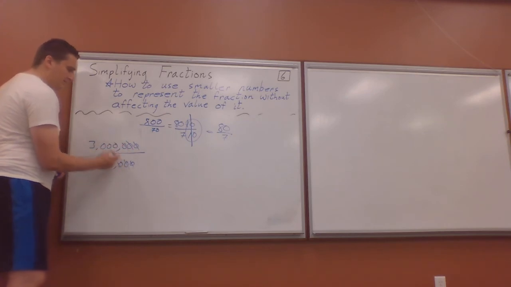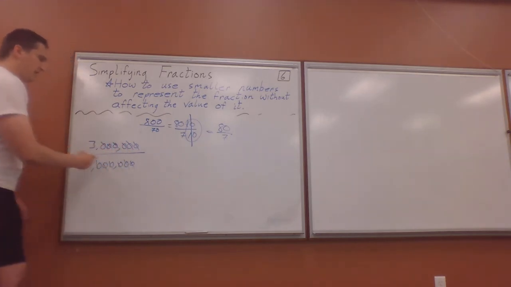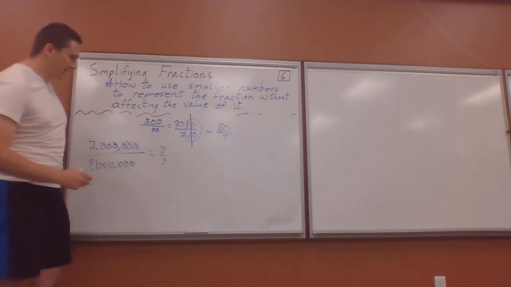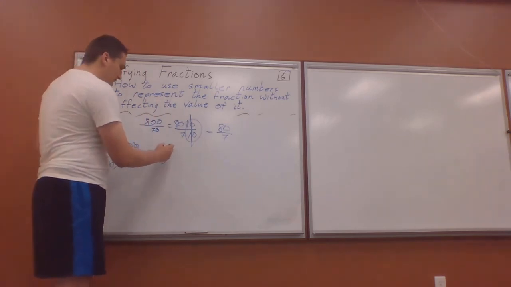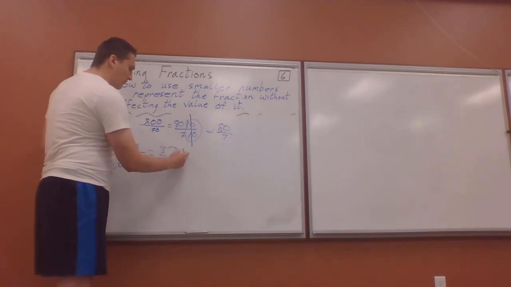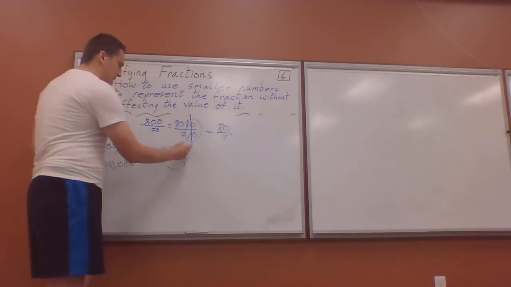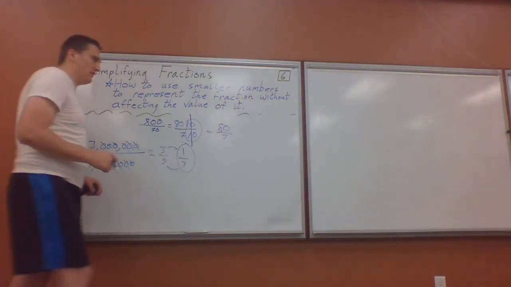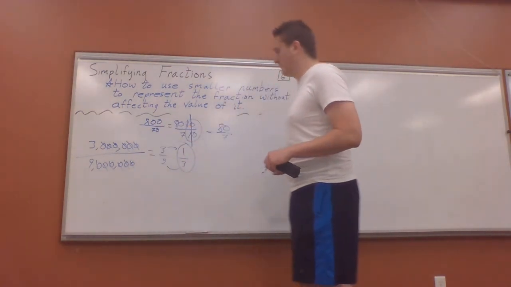I know you can go 0 for 0 on there, and my ratio is still going to be 3 over 9. Maybe then from there, I can just say, okay, I know from previous examples that if I go 3 divided by 3, I get 1. 9 divided by 3, I get 3. So whenever you see zeros on a fraction like that, you can just cancel them out, but only if you cancel the same amount of zeros on the top and bottom.